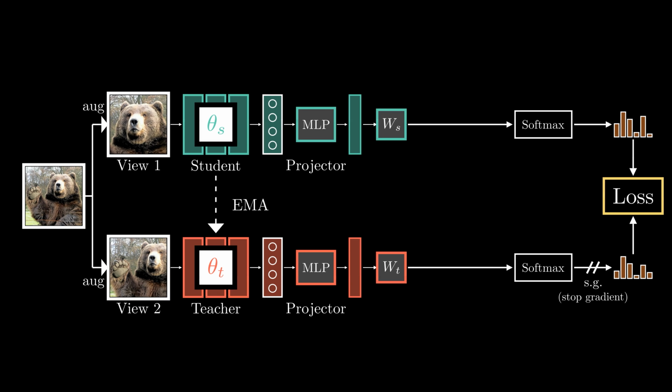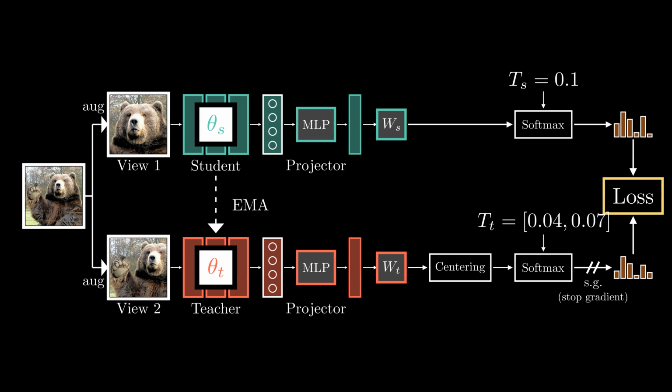Similarly, we stop the gradient from flowing into the teacher network during training. To encourage the network to produce balanced, non-collapsed outputs, we apply centering. Centering subtracts the teacher's average output, which helps prevent one dimension or class from dominating. But centering alone can push the model toward a boring, uniform output.